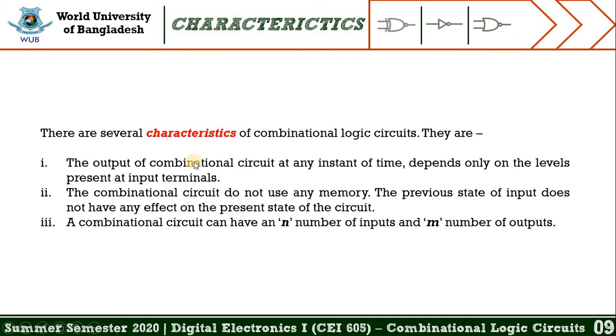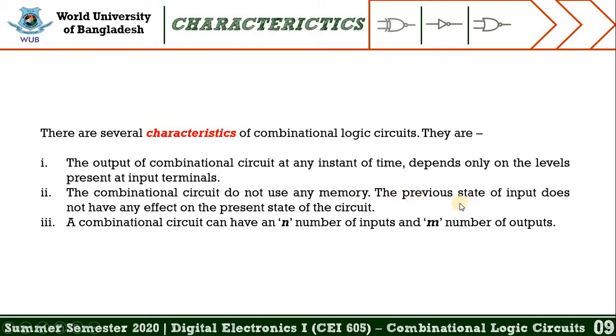From this slide we may learn some of the characteristics of combinational logic circuit. The output of a combinational circuit at any instant of time depends only on the levels present at the input terminals. Next, the combinational circuit does not use any memory.